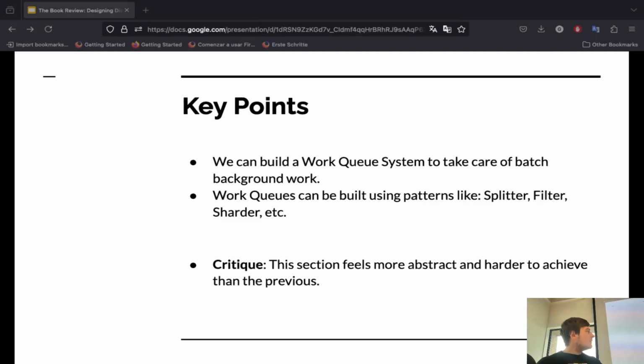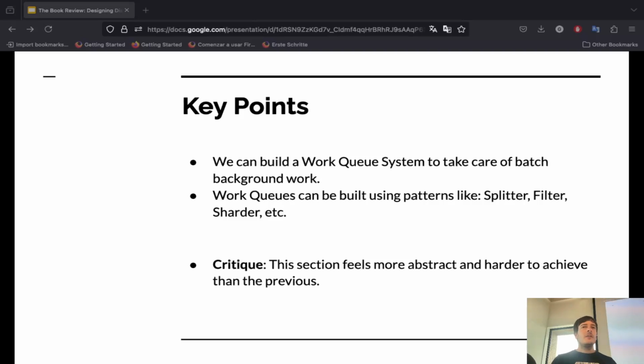My critique is that this section especially, but also a bit the previous one, feels too abstract, and it doesn't offer key leverage on, okay, yes, this is a great idea to implement here or there. It's just some concepts that we can think about and discuss with colleagues and maybe come to an understanding of, okay, here we need a work queue, but we are not going to implement our own work queue.